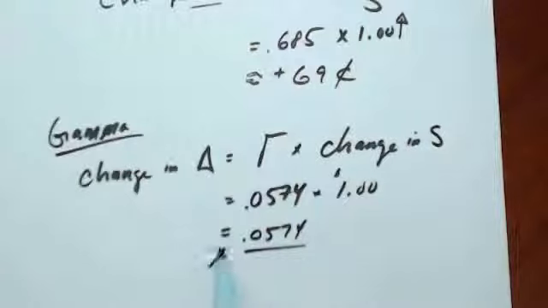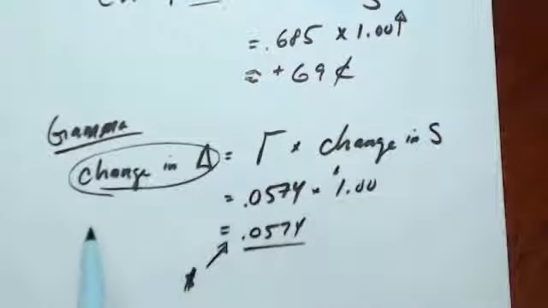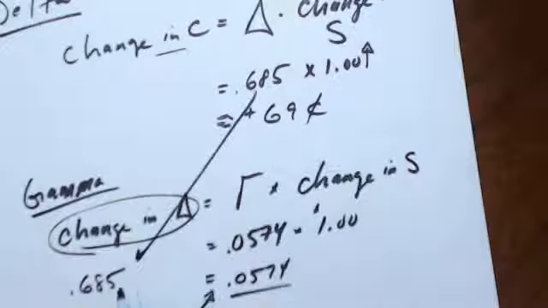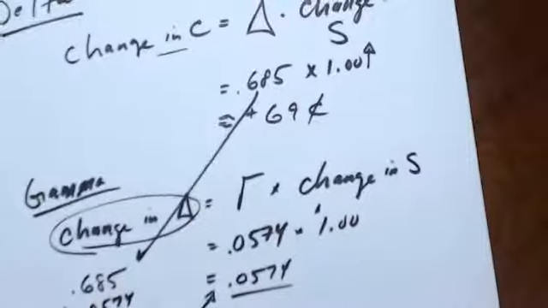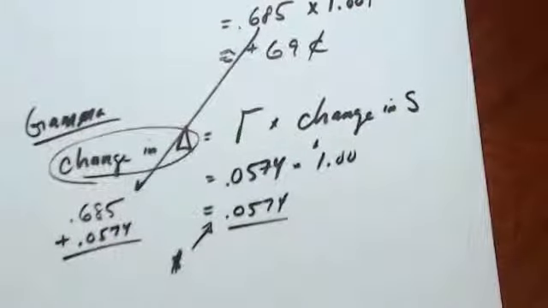Now don't try to put a dollar sign here because it's the change in delta. Basically delta would be going from 0.685 that we just used a minute ago and increasing by 0.0574. That's basically what we're saying. This delta will go up by 0.0574.